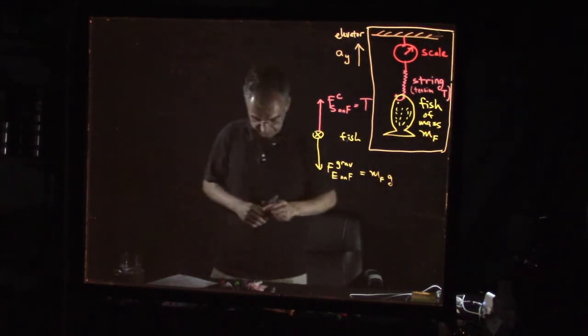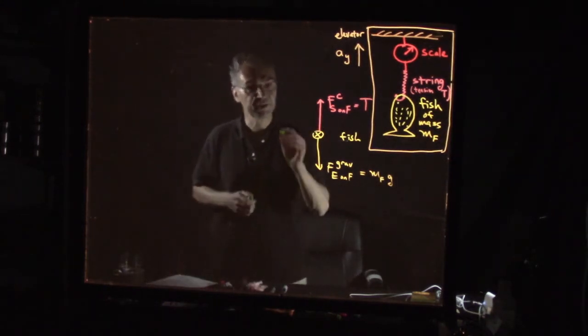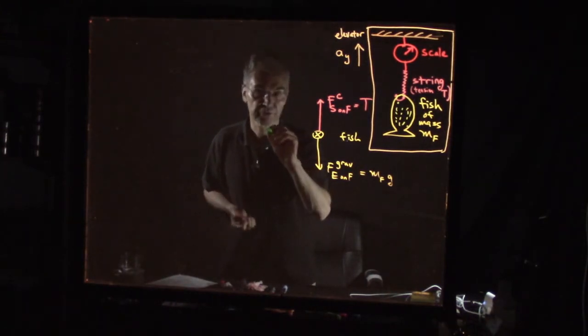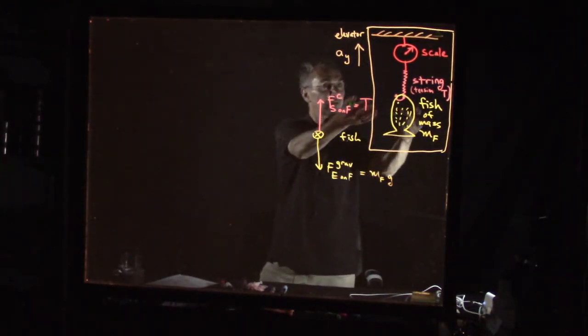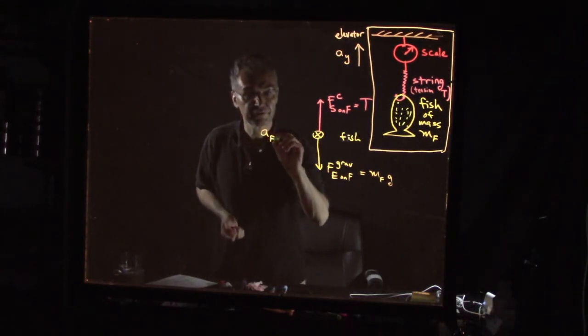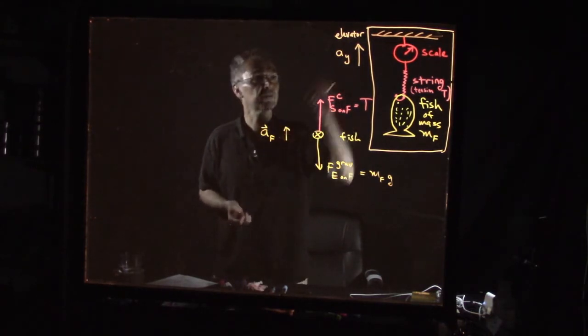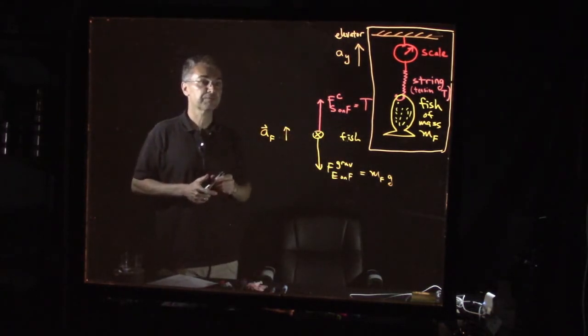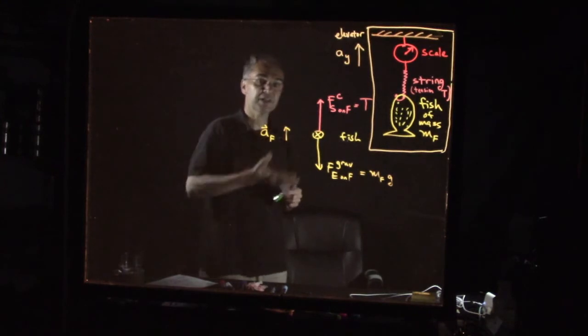Okay, so now the fish is going to travel with the elevator, so the acceleration of the fish now points upward. It's the same as the acceleration of the elevator.